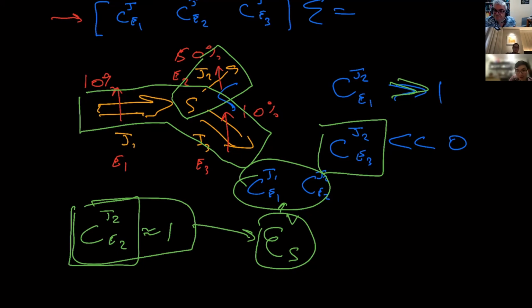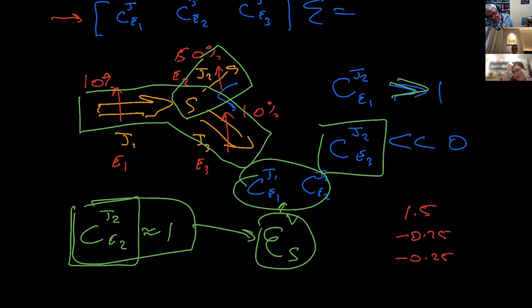Yeah, but J2 with respect to E1 is way bigger than 1, so let's say it's 1.5. And J2 with respect to E3 will probably be negative something, maybe minus 0.25, and then the other one will also be minus 0.25.